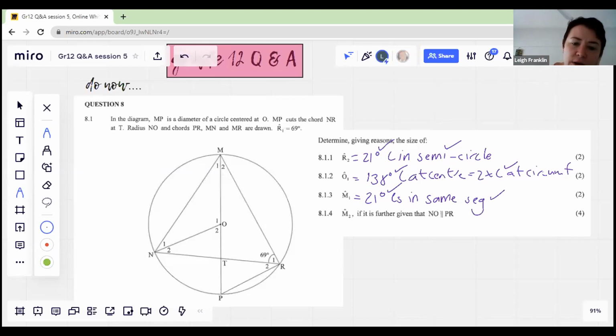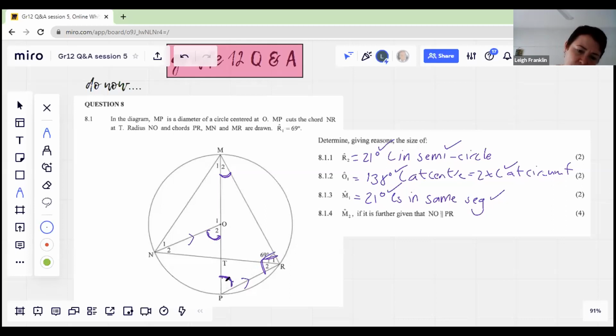Now it says we need to work out M2 if it is further given to us that NO is parallel to PR. So straight away, when they tell me that, I think to myself, okay, I can make a Z shape here. So that means that angle O2 is going to be the same as P. I already know that that's 90.